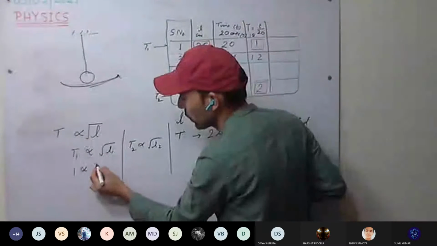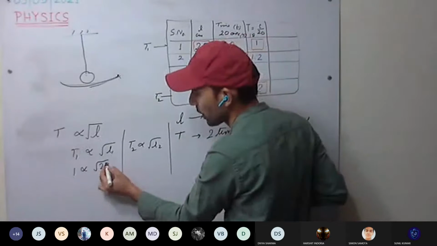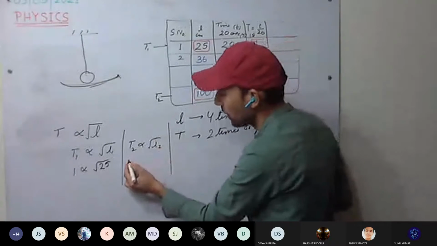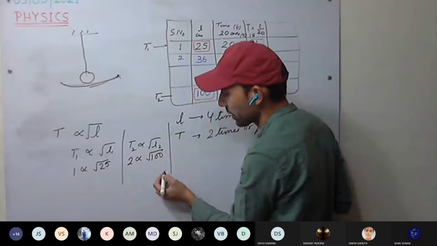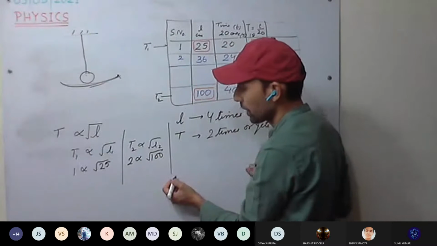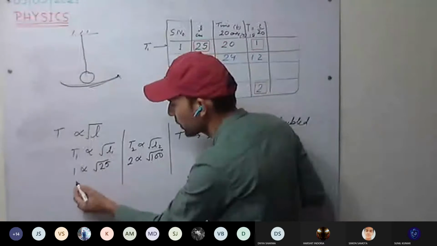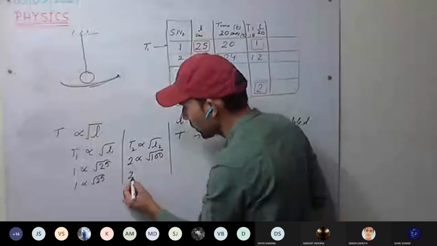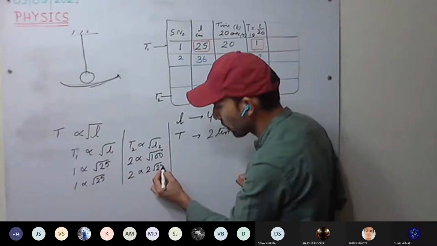Proportional to root of L1, how much? 25. T2 is how much? 2. Proportional to root of 100. Now 1 is proportional to root of 25, and 2 is proportional to 2 root 25.